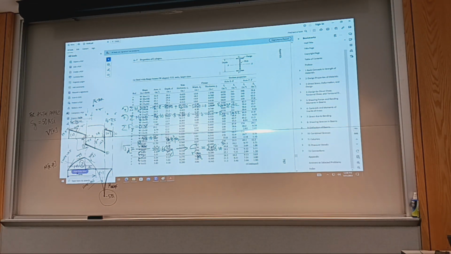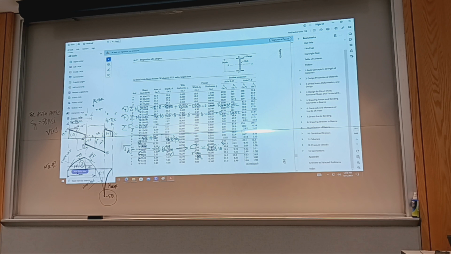So which one has at least 208? I'm looking at the top value. So I see 267. This is a W27 by 102. So 100 pounds per foot.